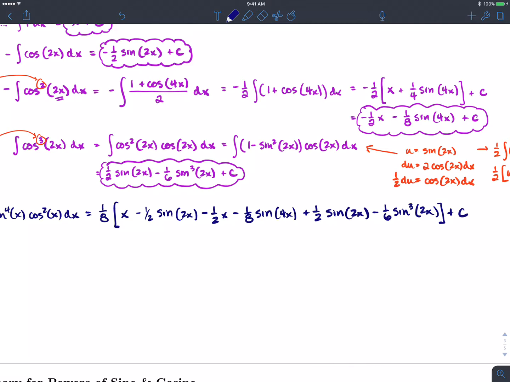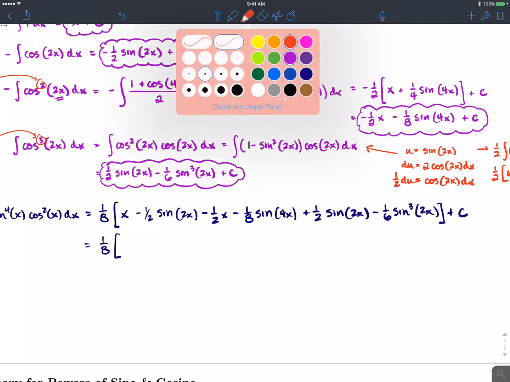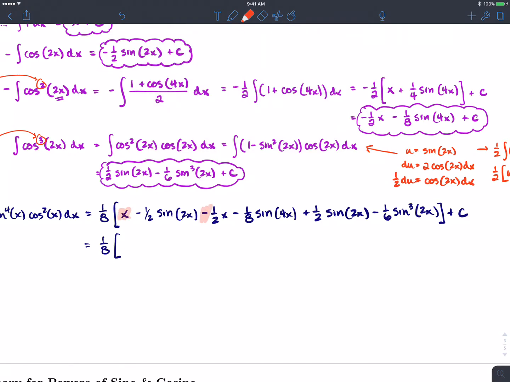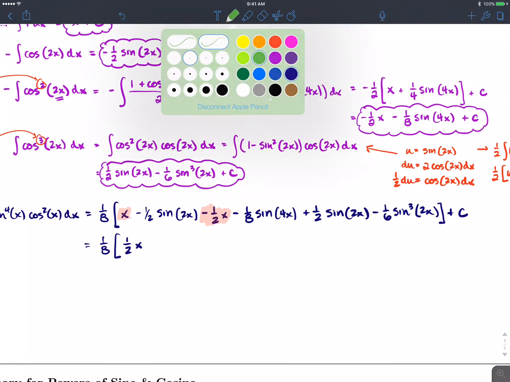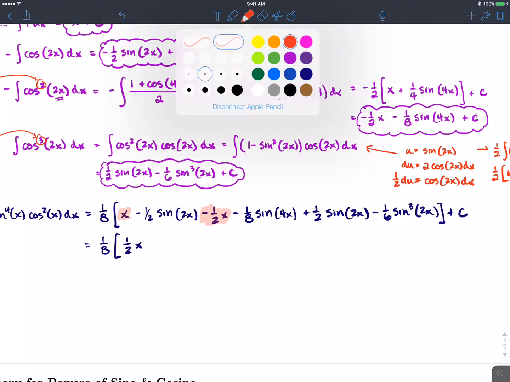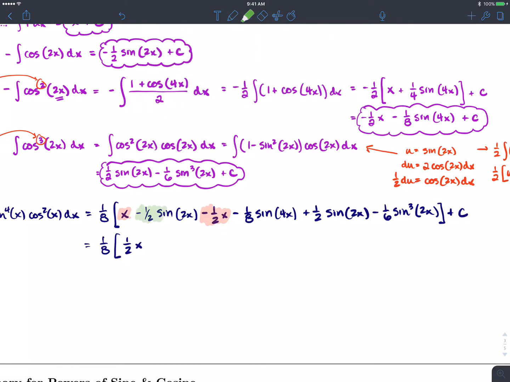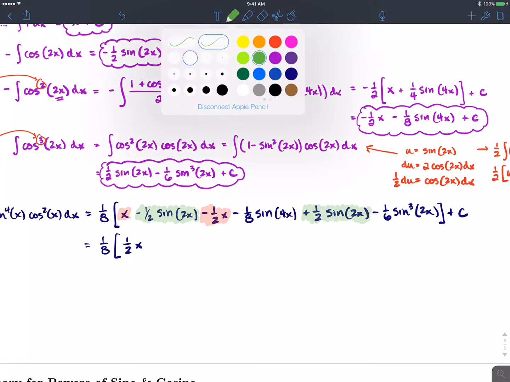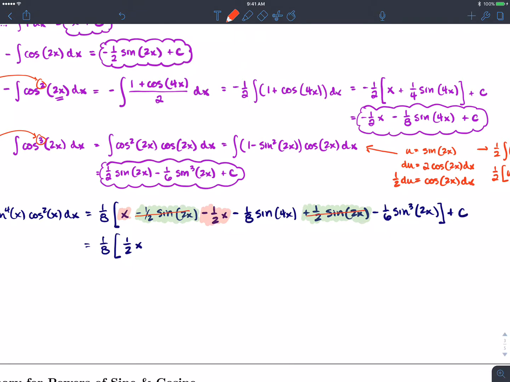If we were to combine like terms at this point, if we combined the x and the minus 1/2 x, that's just going to give us 1/2 x. If we combined the negative 1/2 sine of 2x and this positive 1/2 sine of 2x, those are actually just going to cancel out.